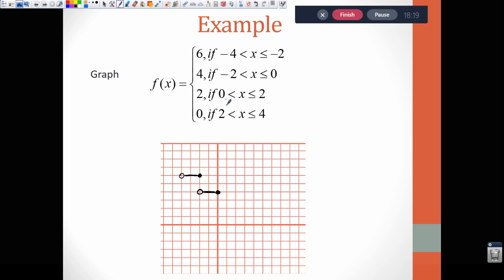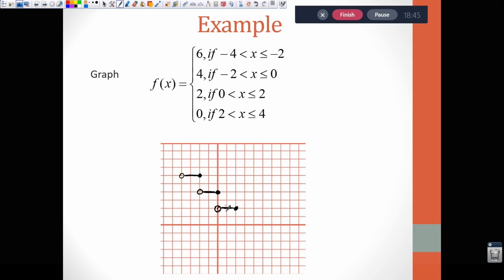Okay, did I skip one? Yeah, no, at 0 we're at 2, so 0, 2, and that's an open circle because it's less than, and it is, or greater than, I'm sorry, x is greater than 0, so it's going to be going that direction. And at 2, we're at 2. And it's a closed circle because it's equal to, and it is less than or equal to.